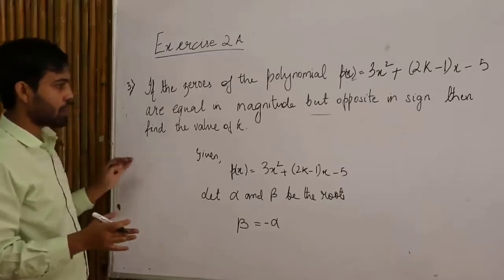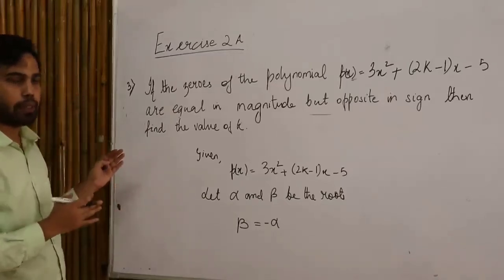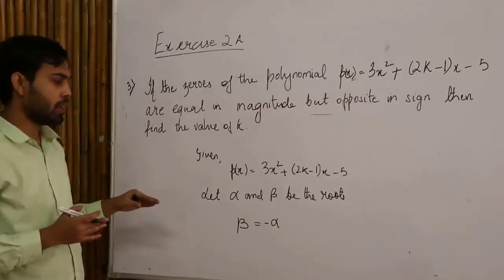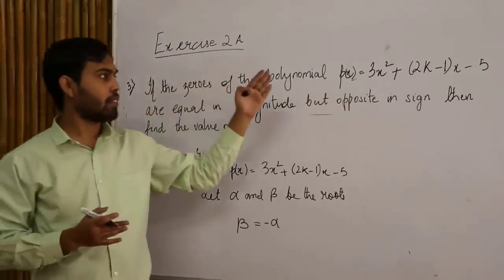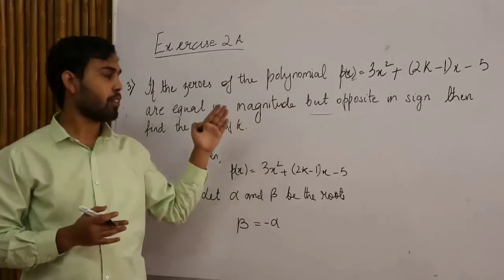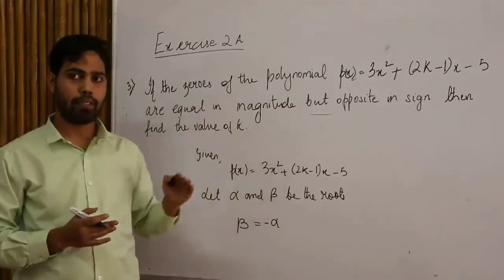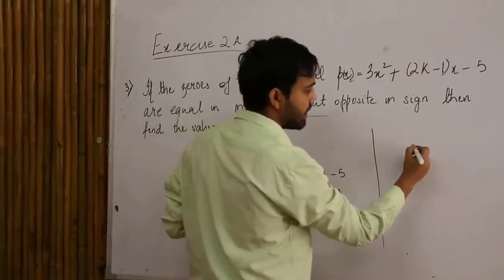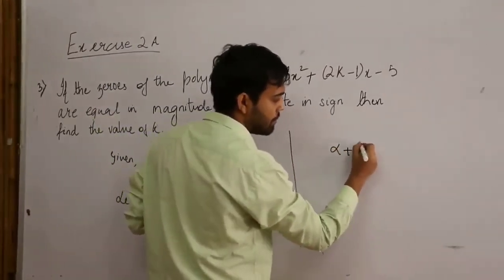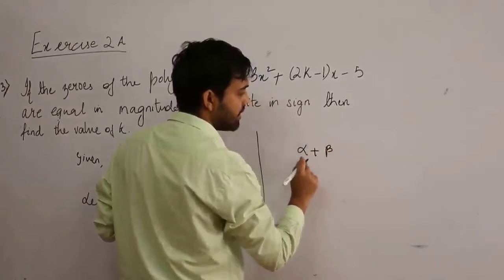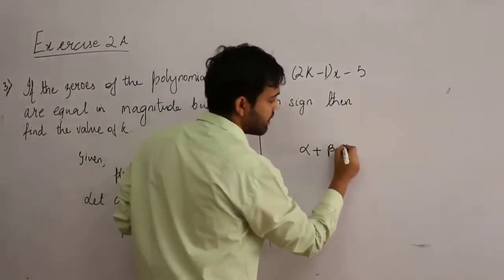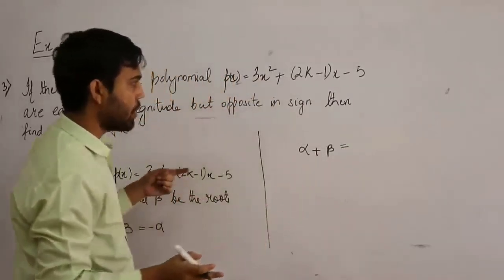Now, we know from the relations that we have studied between the roots and the coefficients that the sum of the roots is equal to the coefficient of x by the coefficient of x squared, with a minus sign. So in this question, I have alpha plus beta, the sum of the roots, equal to minus coefficient of x.